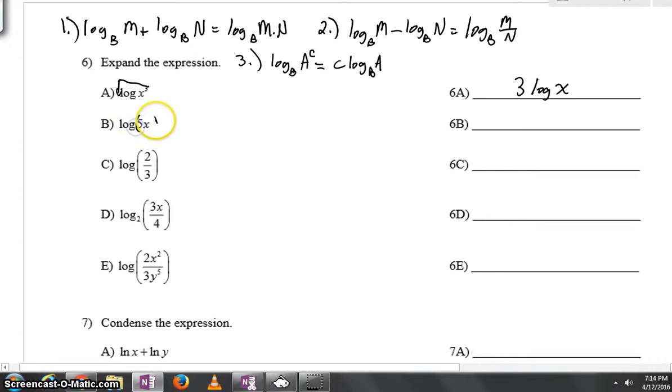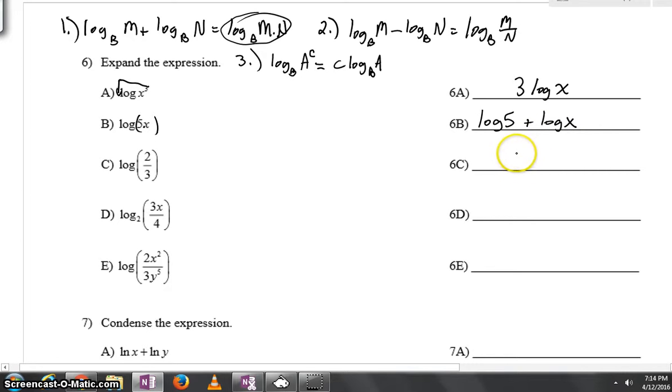For letter B, though, I hope you can see there's a multiplication of 5 and x. And if you look at your first property here from the right side, if you are dealing with a multiplication of terms inside, you can turn that to an addition of 2 logs. This would become the log of 5 plus the log of x.